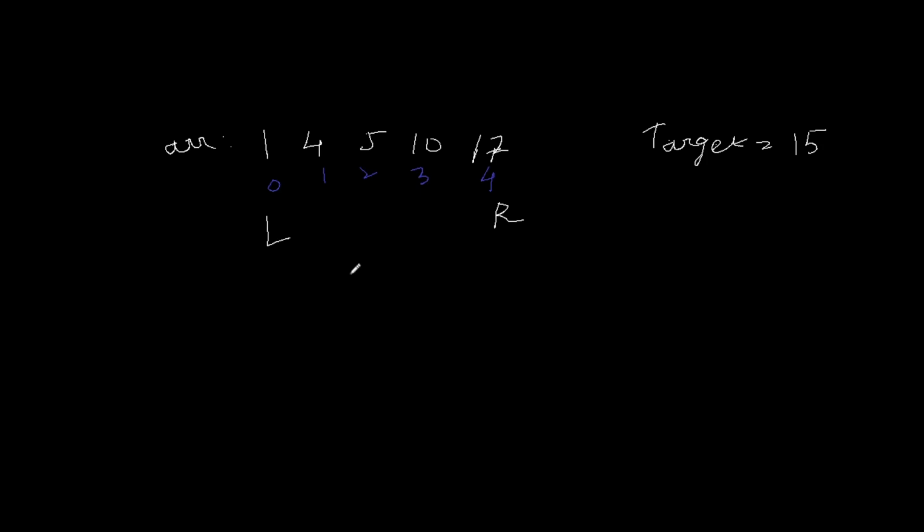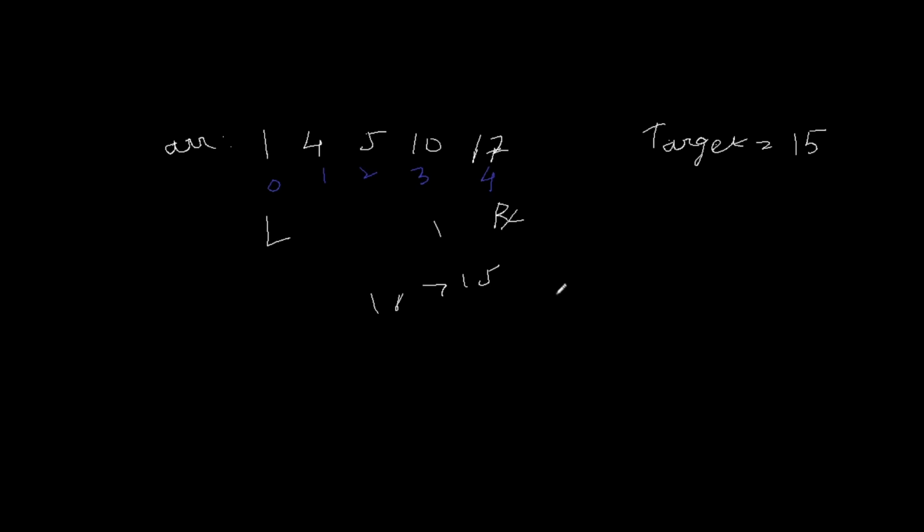First L is pointing to the 0th index and R is pointing to the 4th index. We see that the sum of arr[L] plus arr[R] is equal to 18, which is greater than 15. So now we need to move the right pointer left.